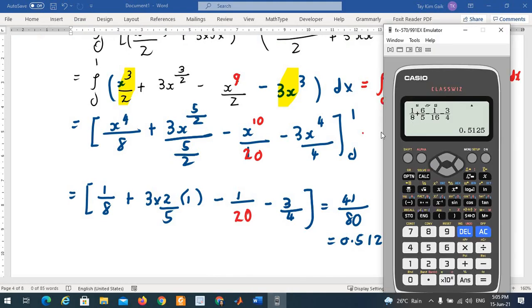So 1 over 8 is 3 times 2 over 5, which is 6 over 5. So minus 1 over 20.